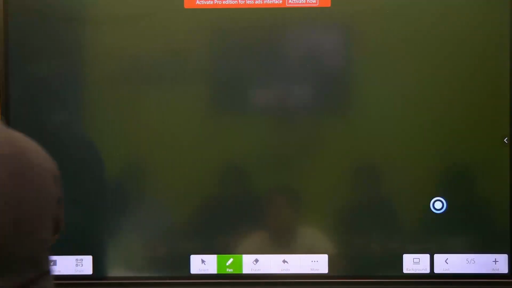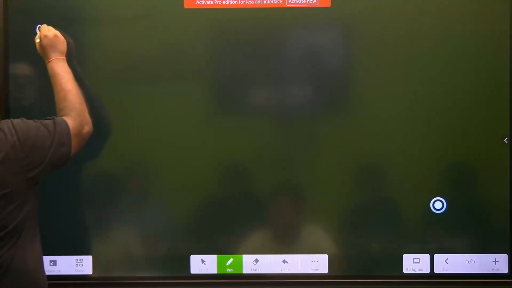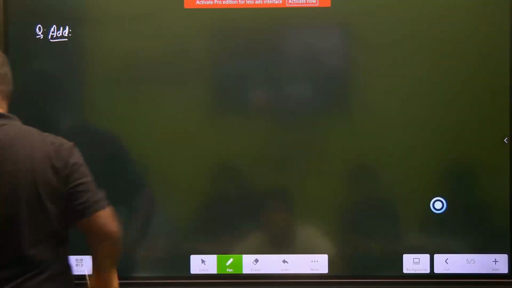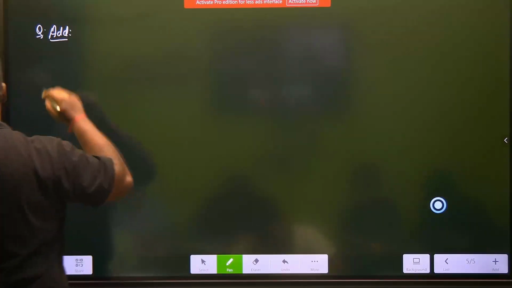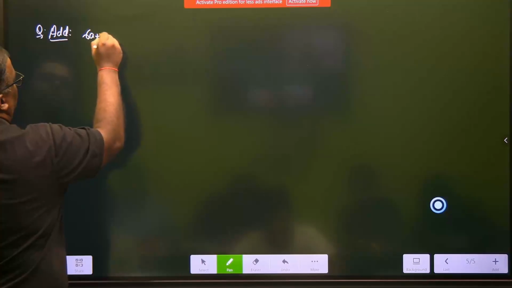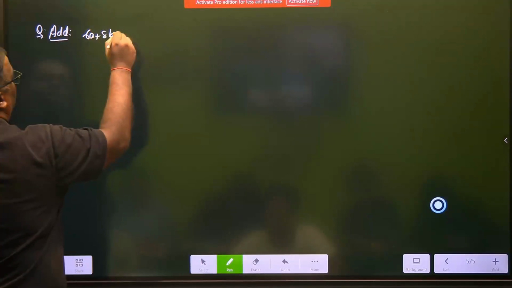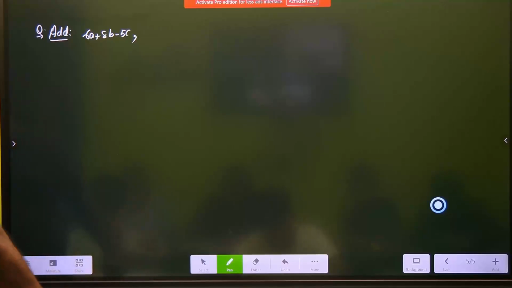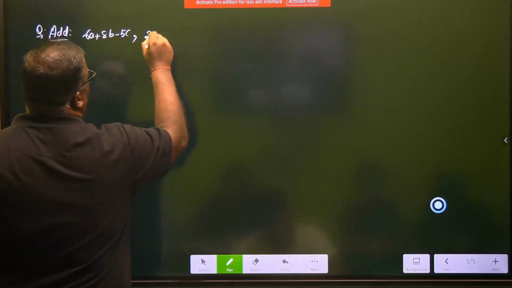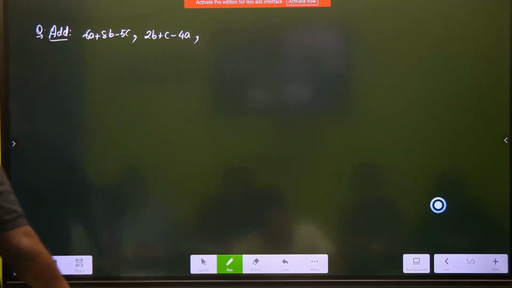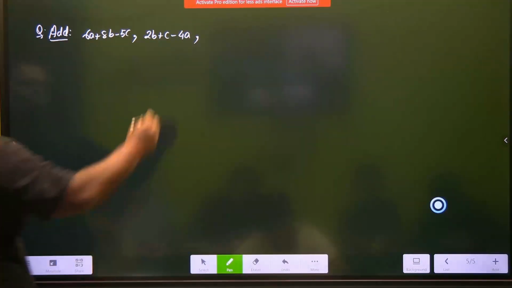First we will do it by the spoon feeding method. The question is to add 6a plus 8b minus 5c, 2b plus c minus 4a, and a minus 3b minus 2c.